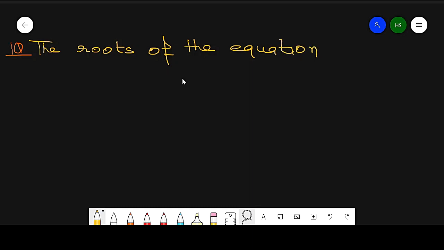First question. The statement of the question is: the roots of the equation which is given by x cube minus 12 x square plus 44x minus 48 equal to 0 are in AP.